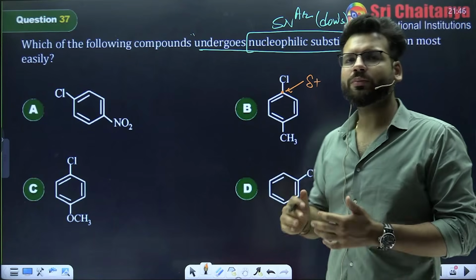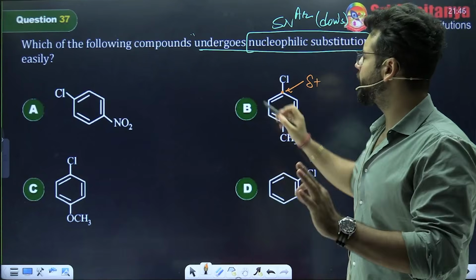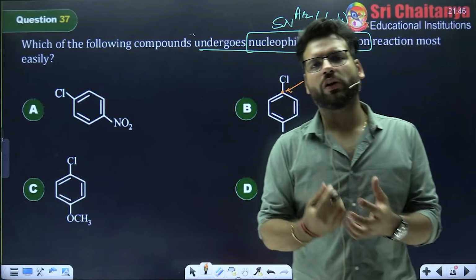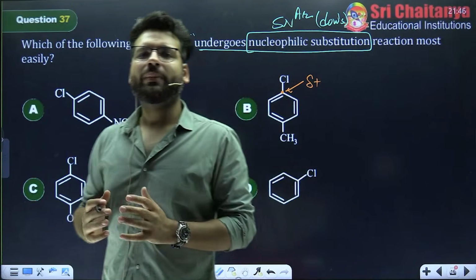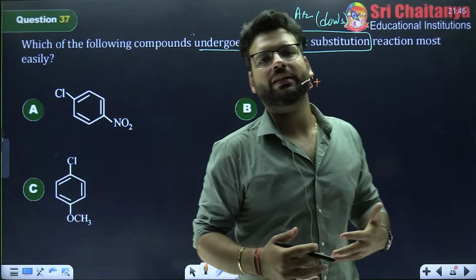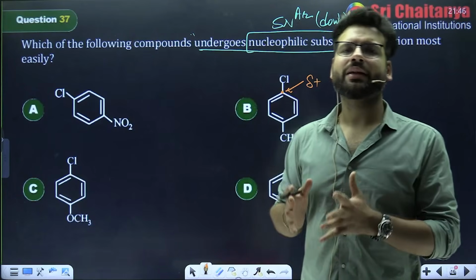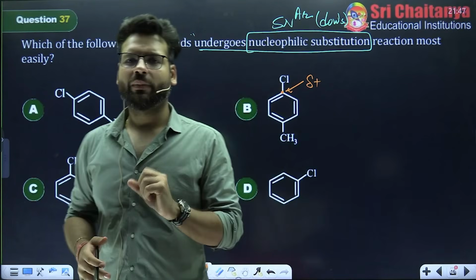If it is more electron deficient, only then can the nucleophile easily come and attack here. So a minus M group, an electron withdrawing group, when attached to the ortho or para position, will make it very reactive. One reason is that it increases the electron deficiency of the alpha carbon. Another reason is it stabilizes the intermediate, called the Meisenheimer complex, which is a carbanion.